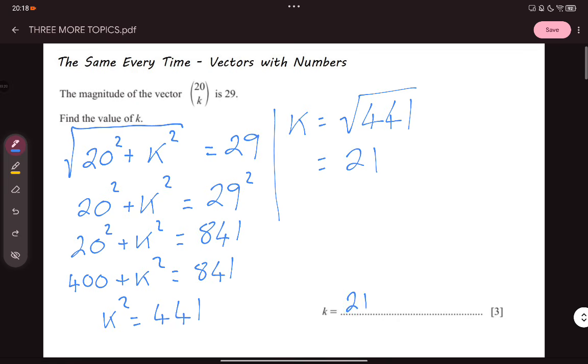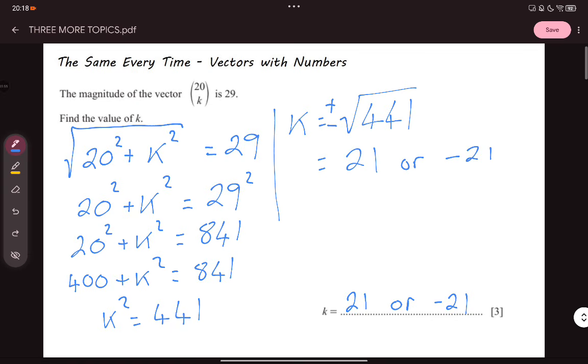I think we did cover this on one of our videos a while ago, actually, that if we're solving k squared equals 441, k, in fact, is the positive or negative of the square root of 441. So k could be 21 or negative 21, because negative 21 squared is negative 21 times negative 21, which is positive 441.